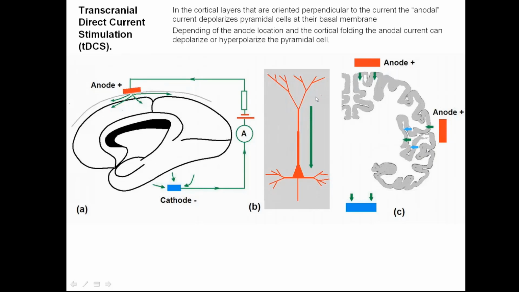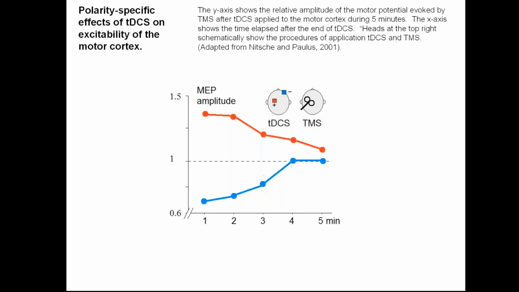So when the current goes through the apical dendrites of the pyramidal cells, it changes the membrane potential, and depending on the current, it could be depolarization, it could be hyperpolarization. So basically, you can either increase or decrease the excitability of neurons in the cortex.